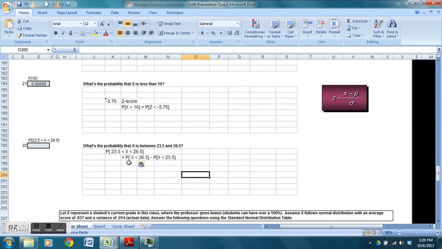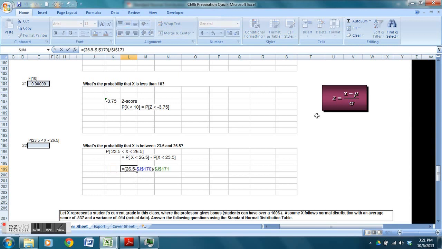So let's focus on this first one, 26.5. I'm just going to call it z of 26.5. I'm going to copy this formula down and change the top part to 26.5.